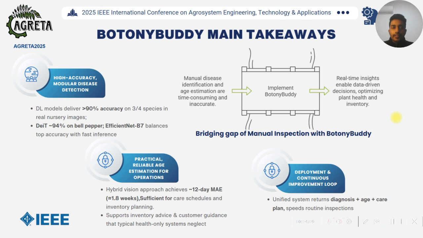The high accuracy disease detection module is one of the key takeaways. Also, the practical, reliable age estimation model was selected because the hybrid vision provides around a 1.2 MAE, sufficient for care schedules and for inventory planning as well.